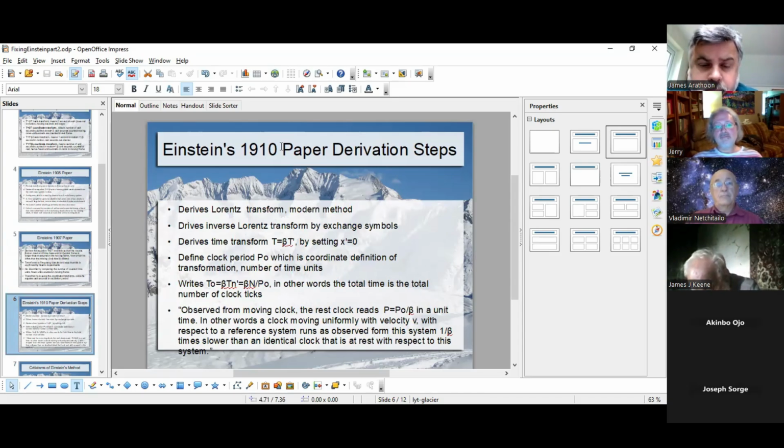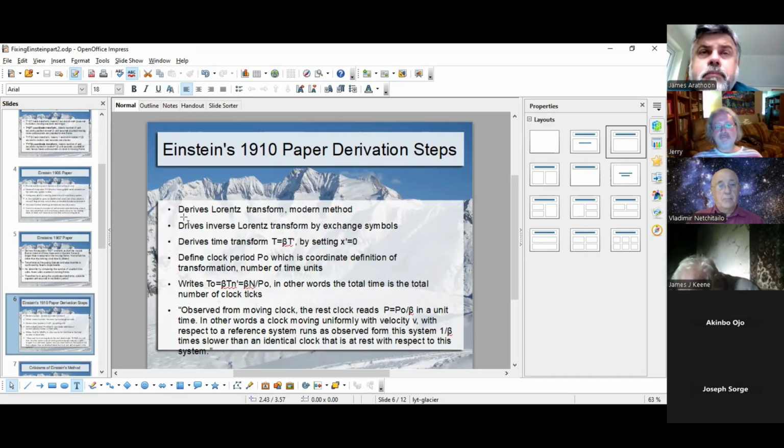In the 1910 paper, so now there's another paper published in 1910, he gives a better explanation as to what he's talking about. So that's kind of helpful, that if you were confused by what he did in 1907, you can refer to the 1910 paper and it's much clearer as to what he's doing.